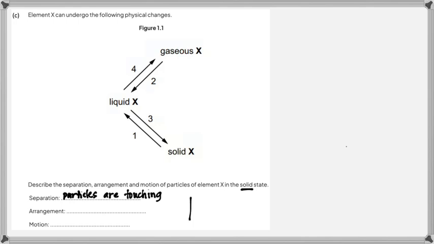remember when I asked you to draw the particles of a solid? Usually it looks like this, right? The particles are connected to each other. This one might look like a liquid, but the particles are arranged in a crystal lattice formation.